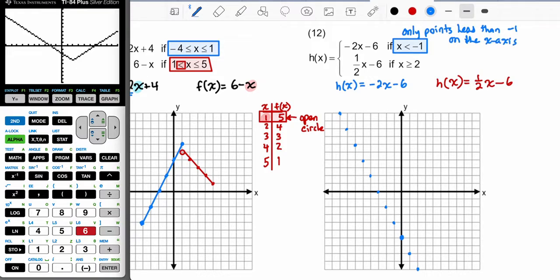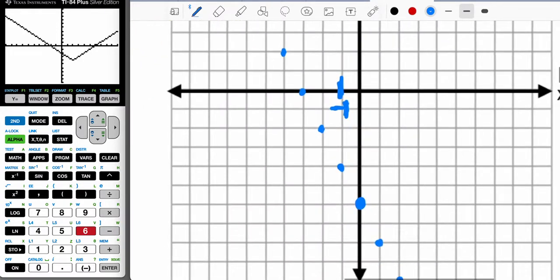All right, so here's -1 on the x-axis. I don't want to go to the right of those points. I don't even want to get to that point. All right, so all of these are fine. These have to go. All right, so anything along this vertical here would constitute the boundary.